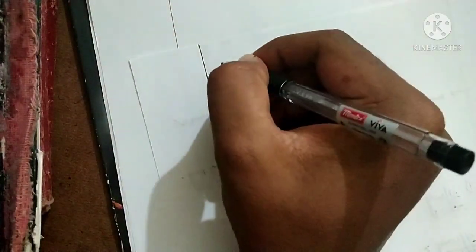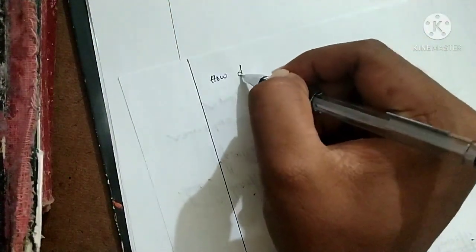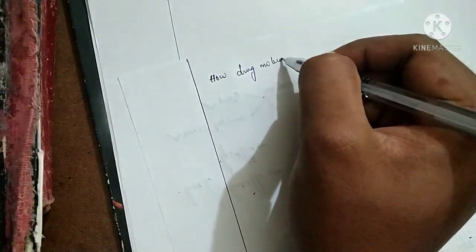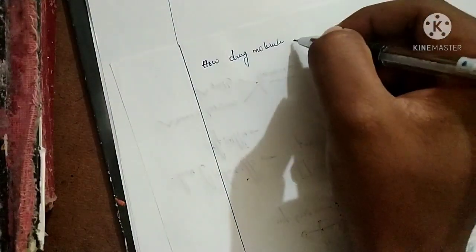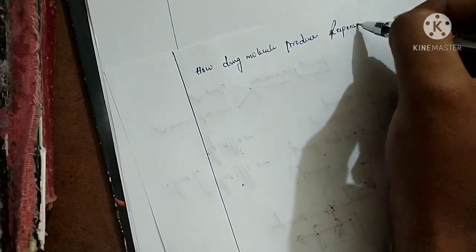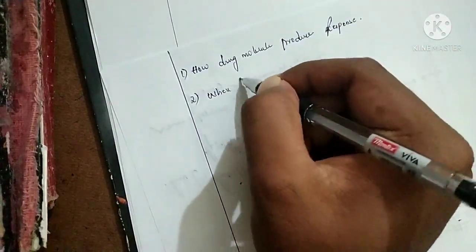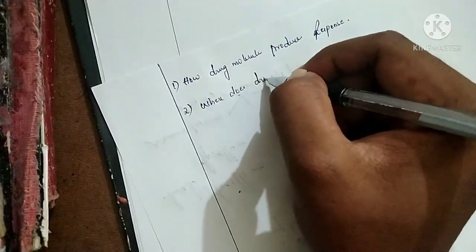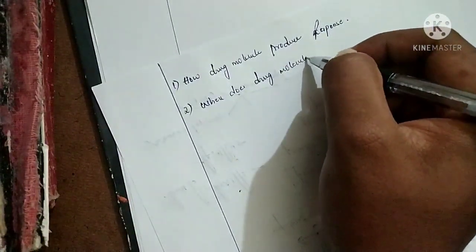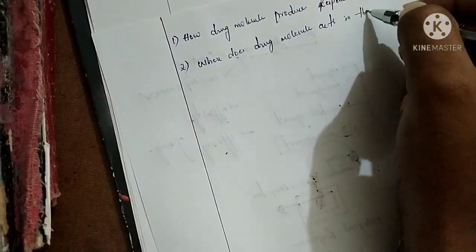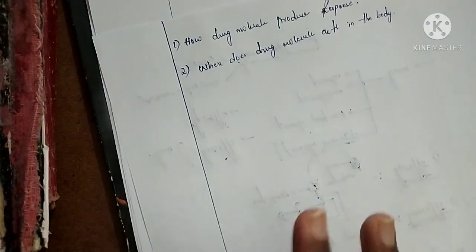Now we are going to learn about how a drug molecule produces response, and one more thing, where does a drug molecule act in the body? Now first of all, what is drug?